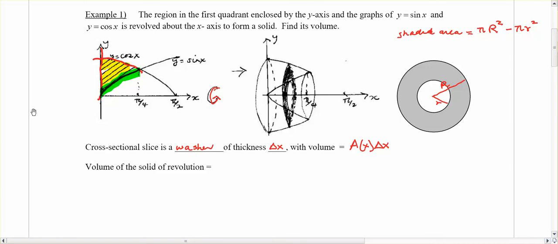So our volume of the solid of revolution is going to be the integral of my A of x dx, one of my washer slices.